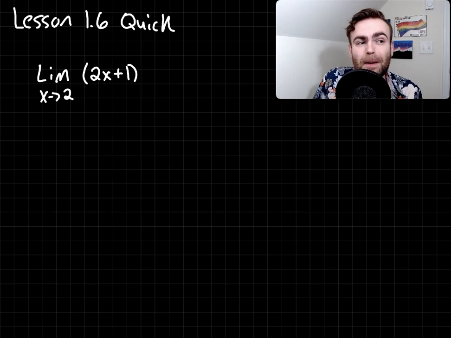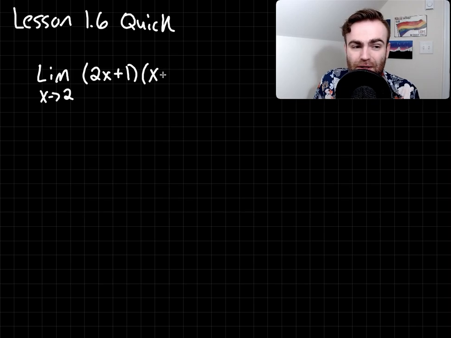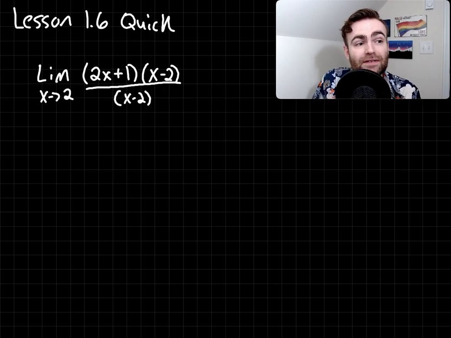Now, let's mess this function up a little bit. Let's multiply the numerator of the function by x minus 2, and let's multiply the denominator by x minus 2 as well. Now we have problems. Because if I directly substitute, we said that this part here, this factor, would make 5.